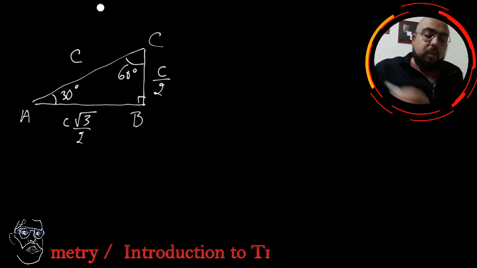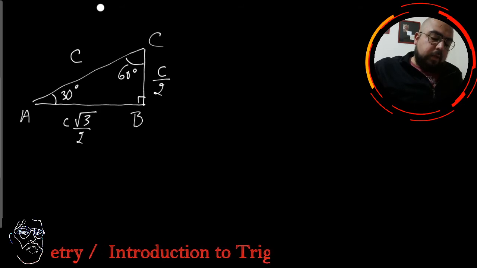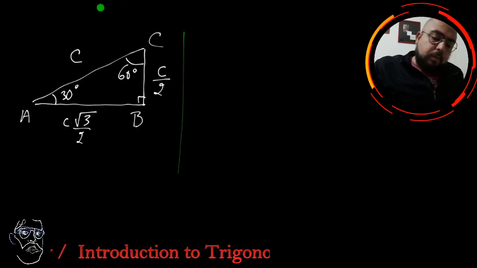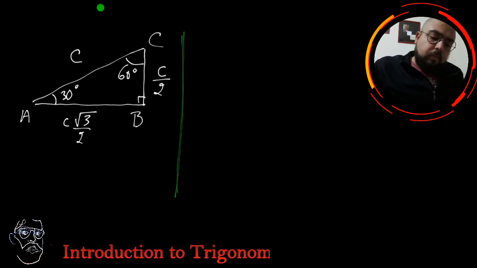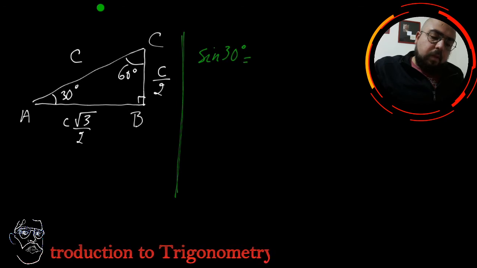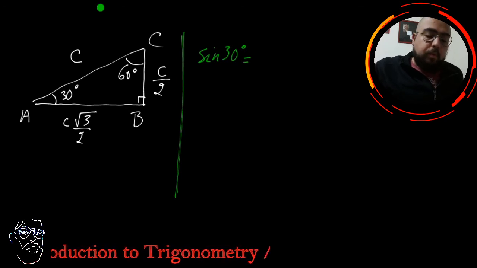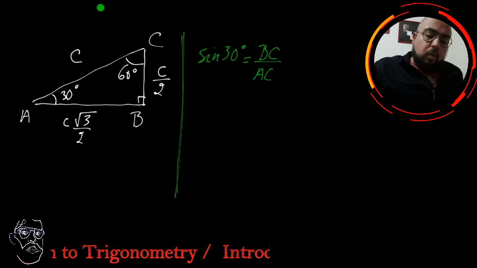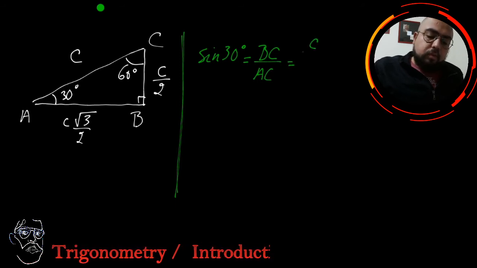So let's say I'm going to be interested in calculating sine of 30. So I'm going to use the formula sine 30 is opposite over hypotenuse. What is the opposite? It's BC over AC. What about BC? BC is C over 2 over AC.